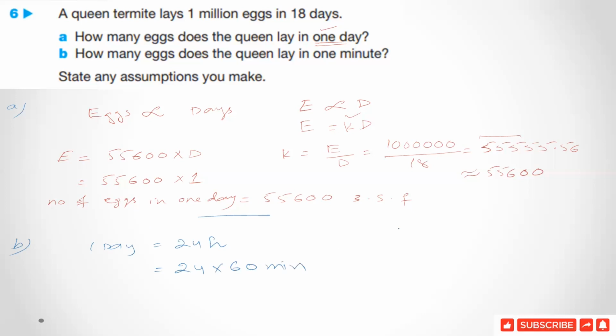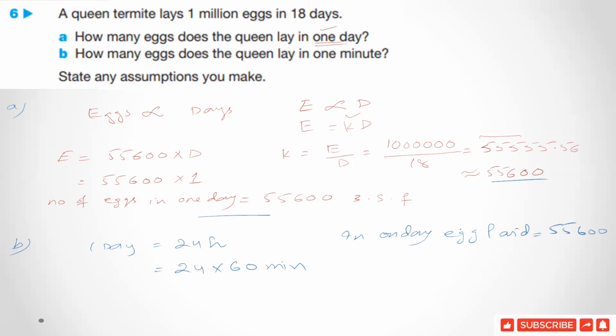Am I right? Now, eggs laid in 1 day. How many eggs are laid in 1 day? Again we know this much, 55600.